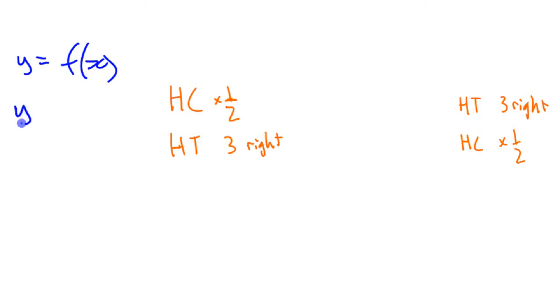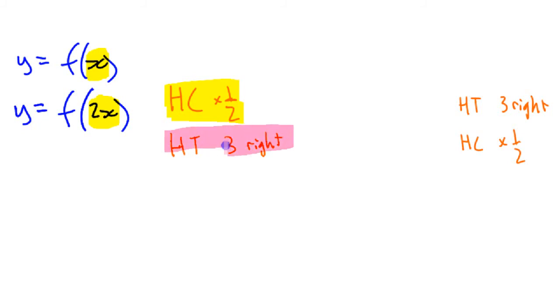For a horizontal compression, we have to take the x and replace it with 2x. That achieves our horizontal compression. If we now want to go to the right by 3, you have to take the x and replace it with x minus 3, but you need to put it in some brackets there, and the rest we're going to leave the same.